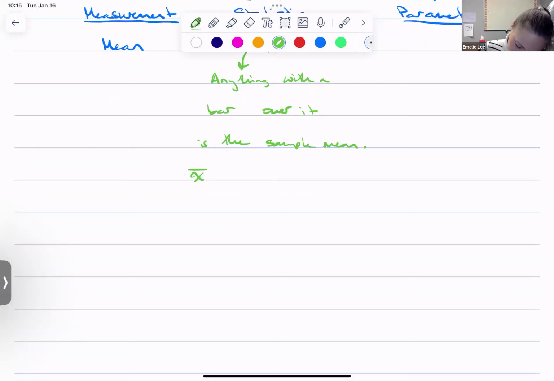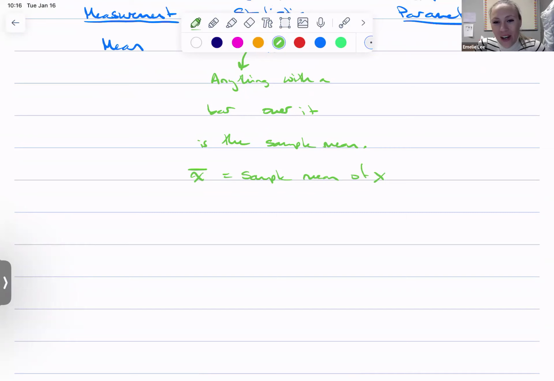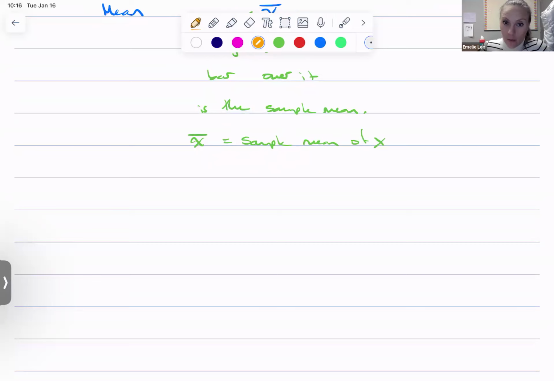So that means that X bar is the sample mean of X. Depending on what textbook you read, you might see Y bar, right? But anything with a bar over it is a sample mean, okay? Which, remember that the mean is the average, making this what? Your average smiley face. Which I like.